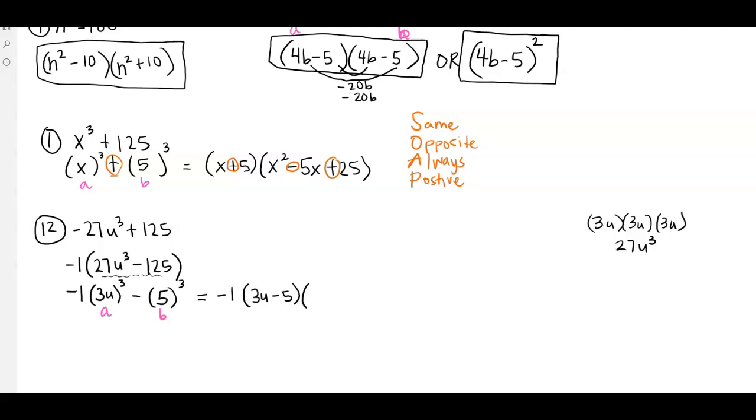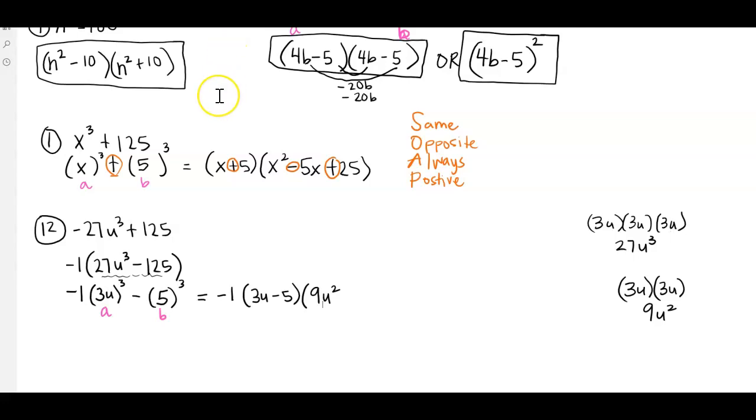And then in the second parenthesis, I'll take my a, and I'm going to square it. Now think of that. I'm going to do that over here because it's saying 3u squared, which means 3u times 3u. So that's really 9u squared when you simplify that out. So make sure you write it down that way, 9u squared.